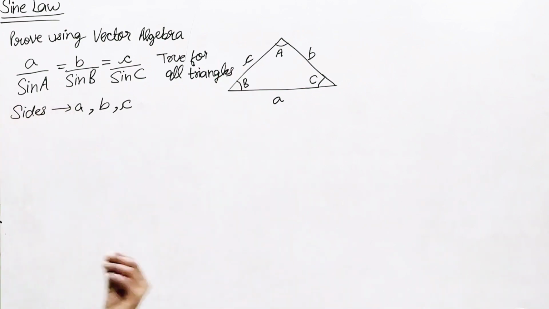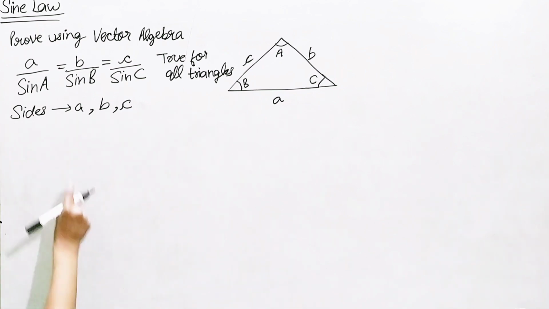What we're going to do is prove that this formula is 100% correct, and you can use it. So I'm using it, and you can also use it. We're going to prove that a upon sine A is equal to b upon sine B is equal to c upon sine C.